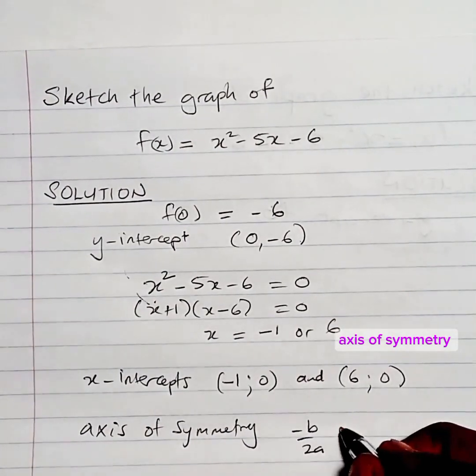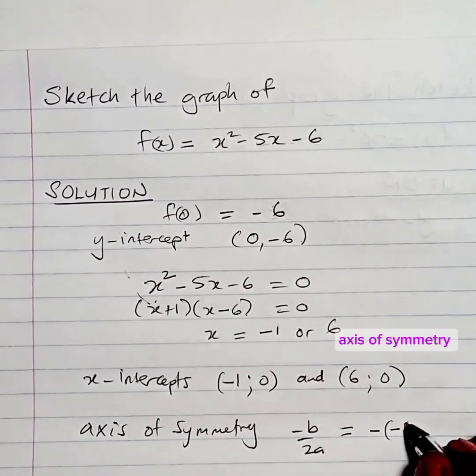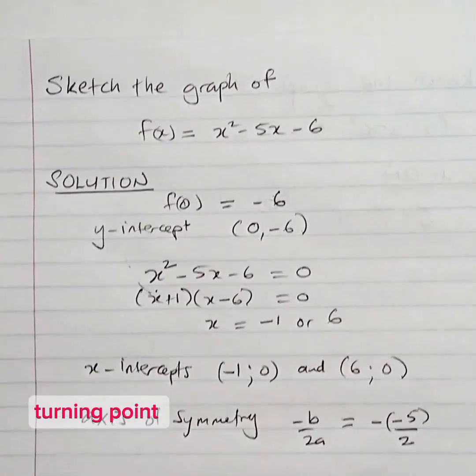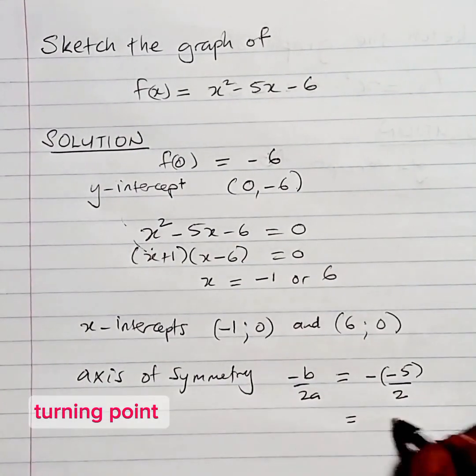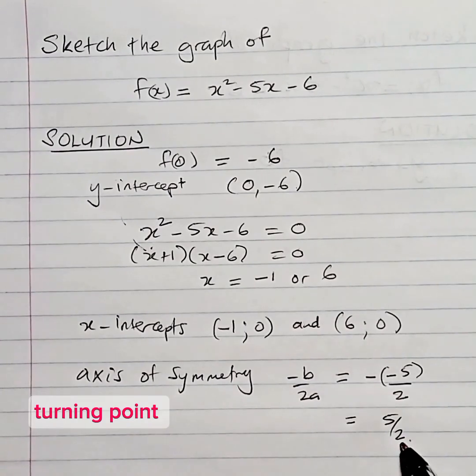So the axis of symmetry is going to be -(-5)/2, like that. So the axis of symmetry is actually 5/2. Now, this is the value that you can use to find the turning point. So that will be the next step that we are taking.